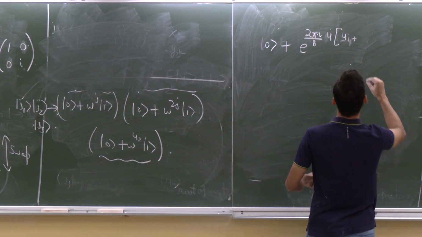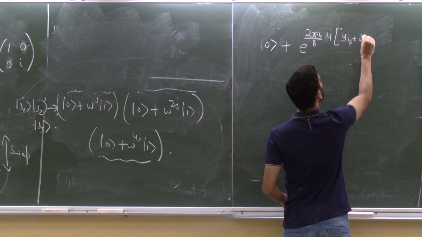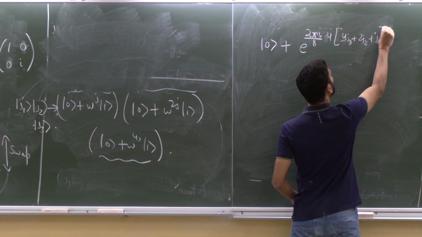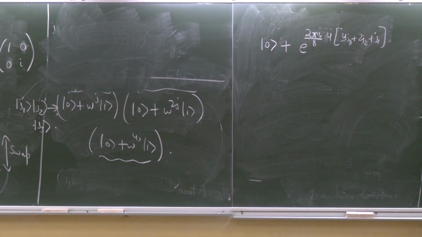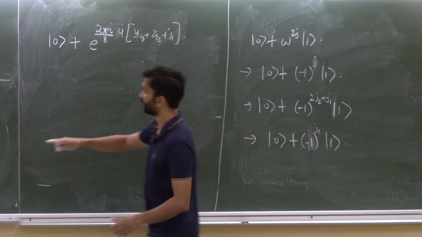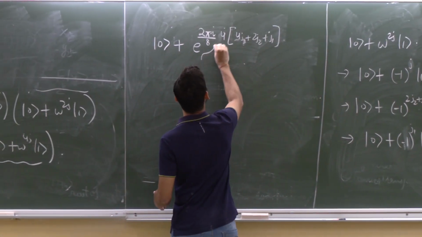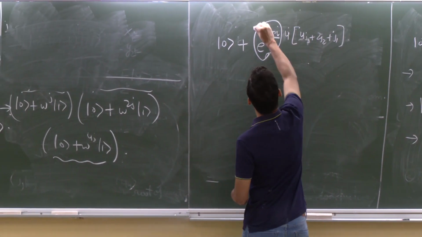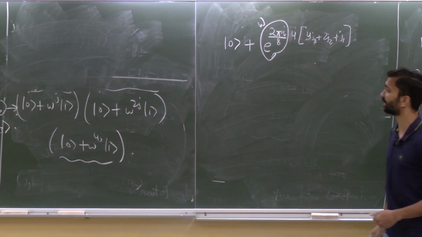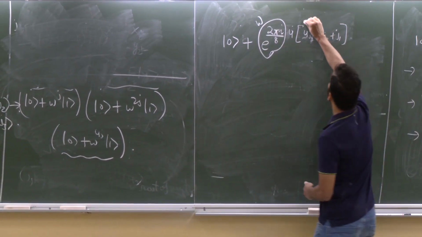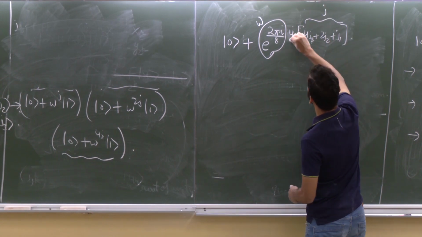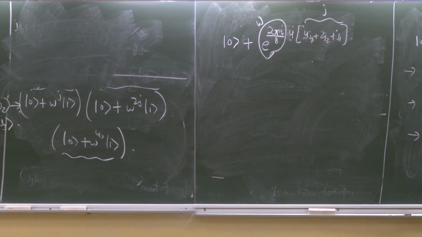Which one did I take? J3. This is the state. This is my omega. This is my J, and this is 4 from there.